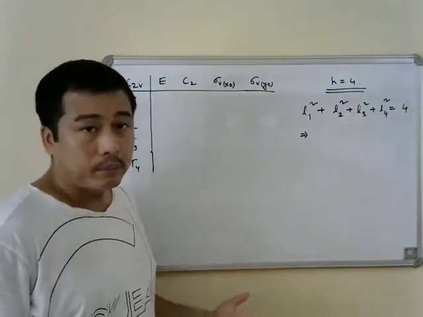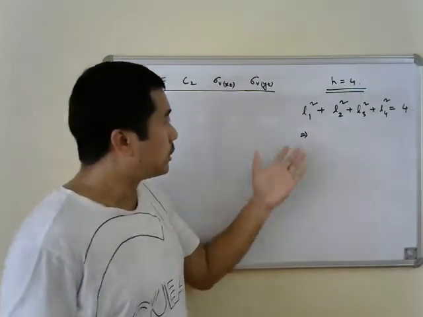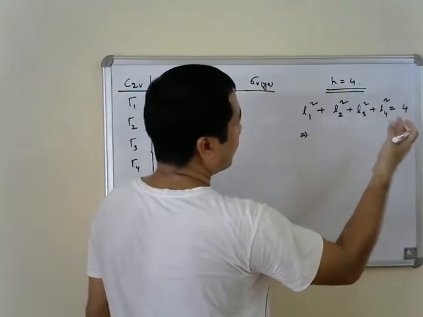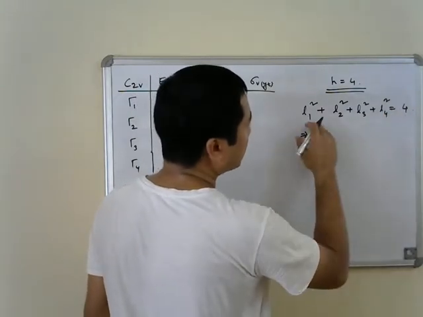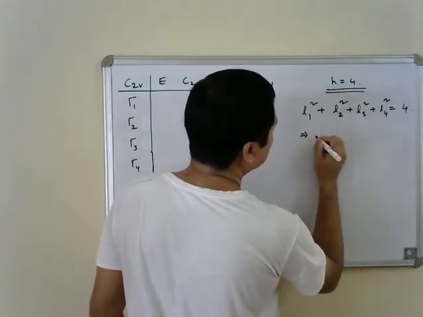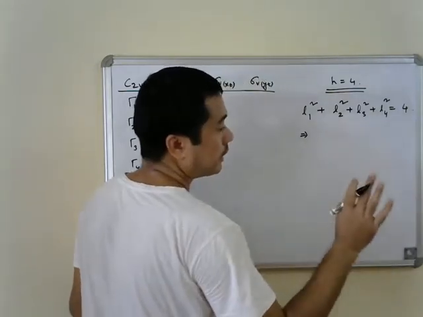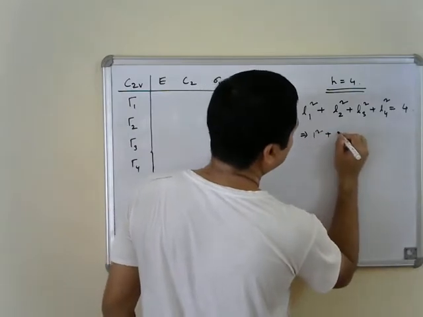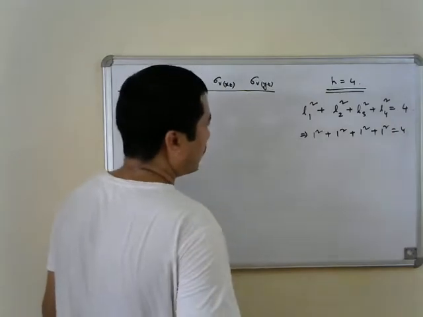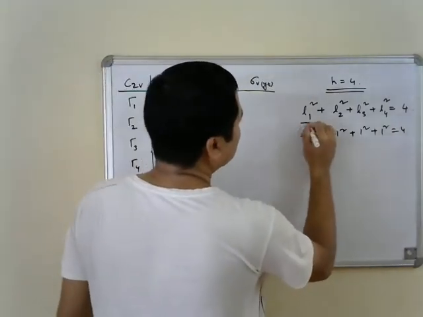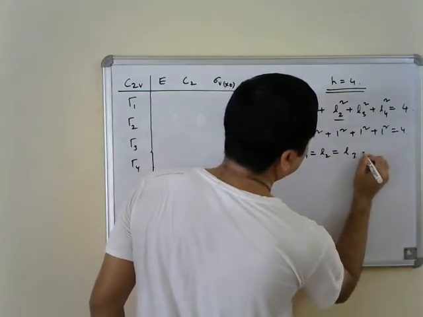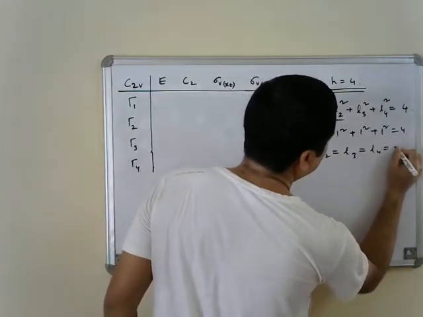The only possible solution for positive integers is that L1, L2, L3 and L4 are all equal to +1, because only then can we get the answer equal to 4.